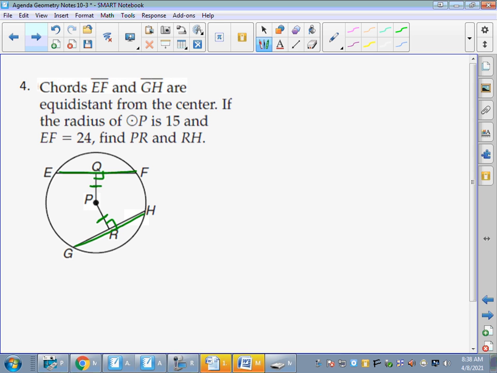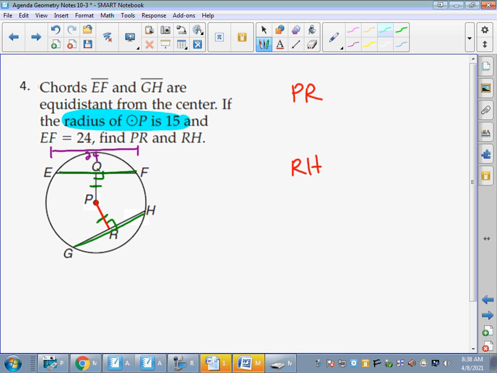If the radius of circle P is 15 and EF is equal to 24, don't forget the radius, I'll just highlight that so I don't forget it. Find PR and RH. So PR is this segment right here from P to R.